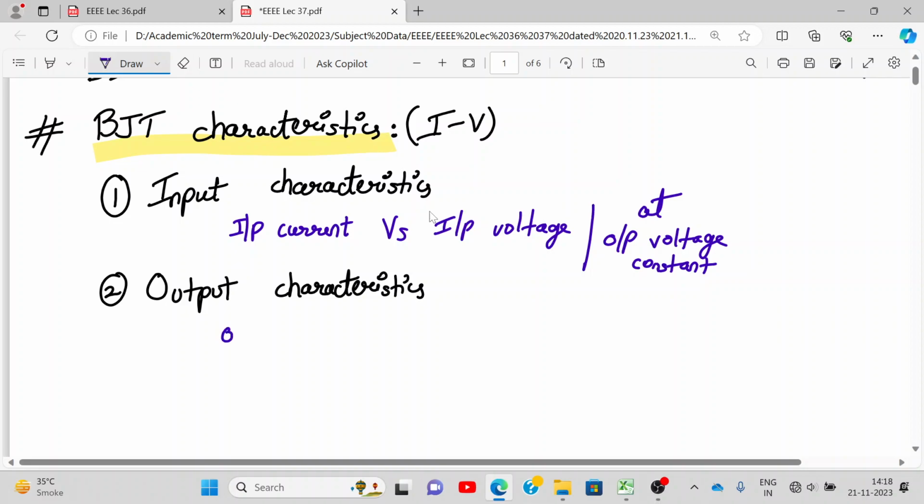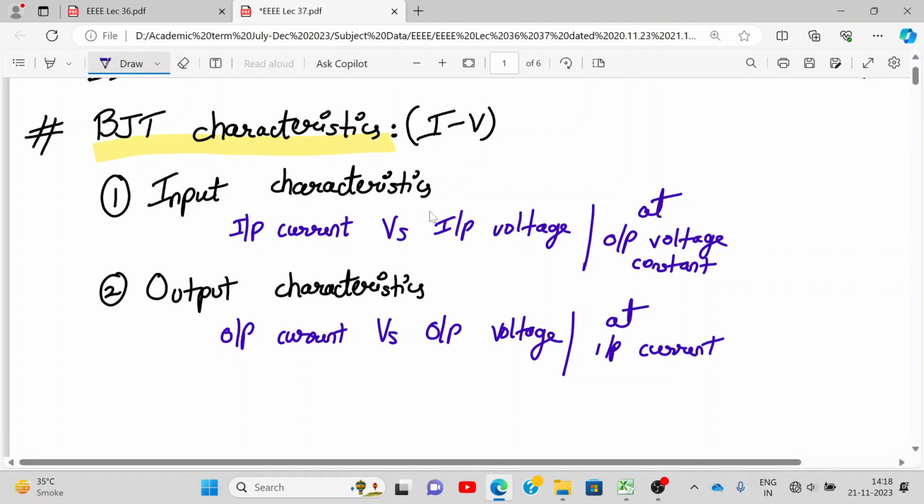Output characteristics is output current versus output voltage at input current constant. Sorry, this is input I/P. You all write the full form, please. Okay.